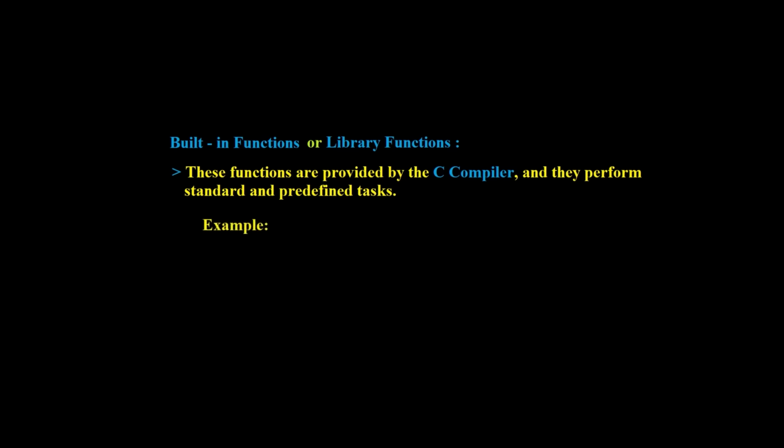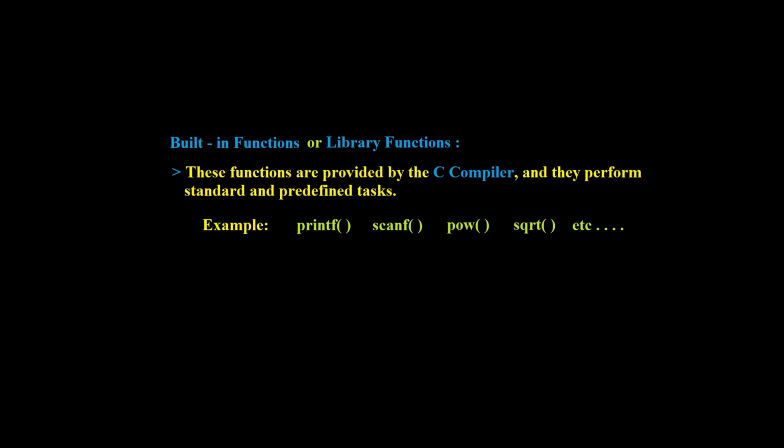For example, we have the print function or the printf, the scan function or the scanf to read input from the user, and we also have other functions like power, square root, etc. These are called the built-in functions or library functions because they are inbuilt in the C compiler and they are designed to perform standard and predefined tasks.